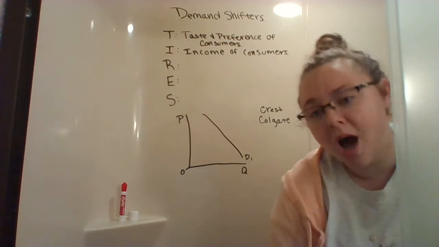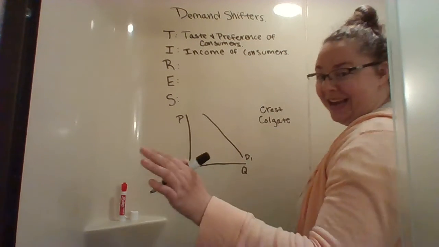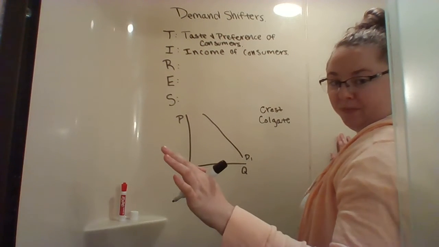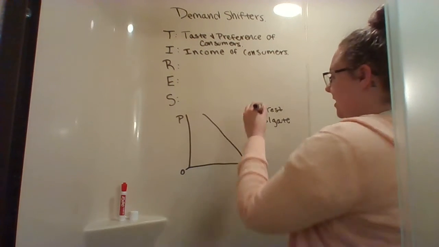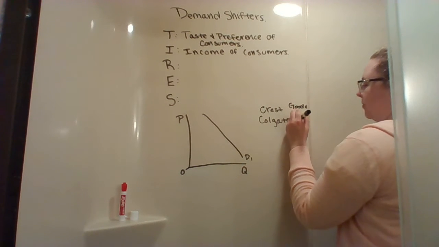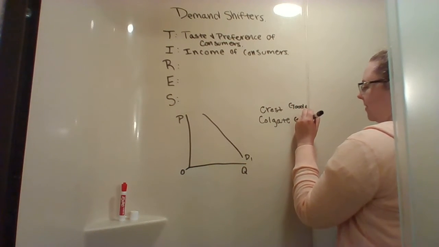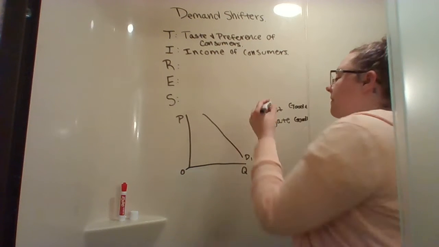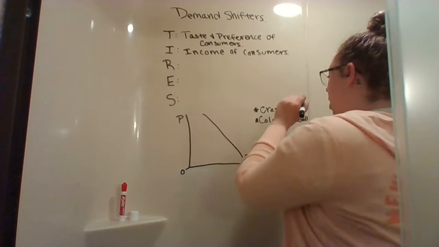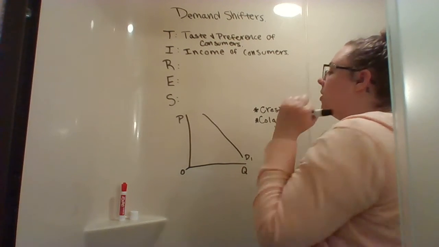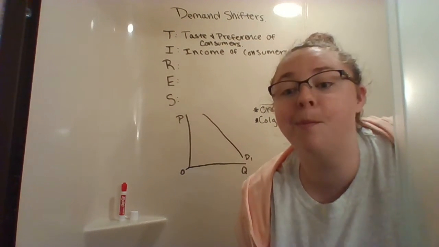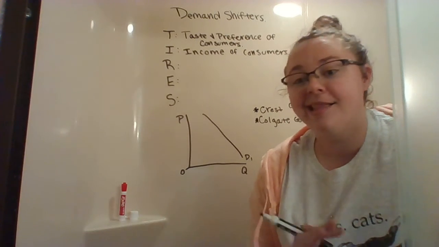If we're talking about the market demand for the substitute, okay? So let's say this is good A and good B, okay? If the demand for good A was to increase, let's say people are like, cool, Crest is the best out there and there's no denying it.